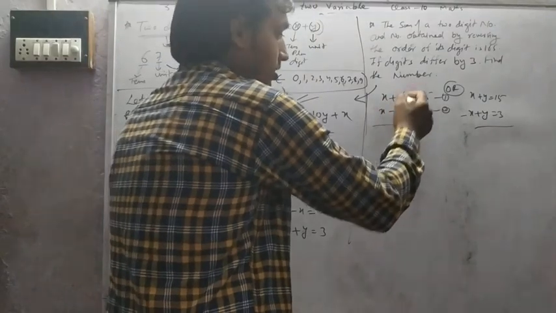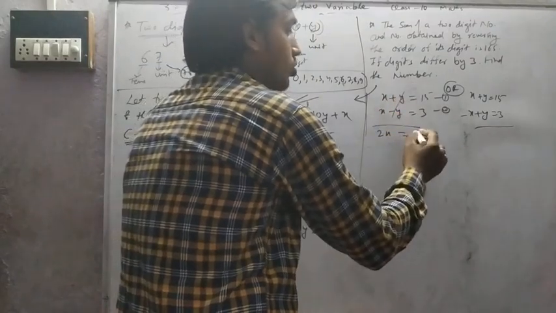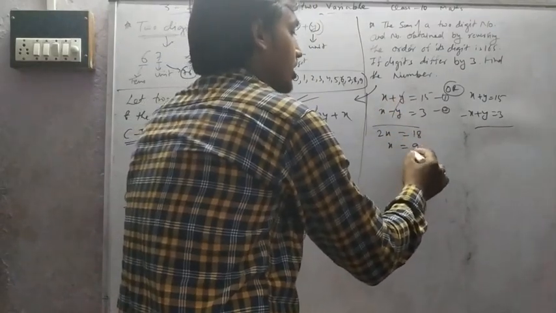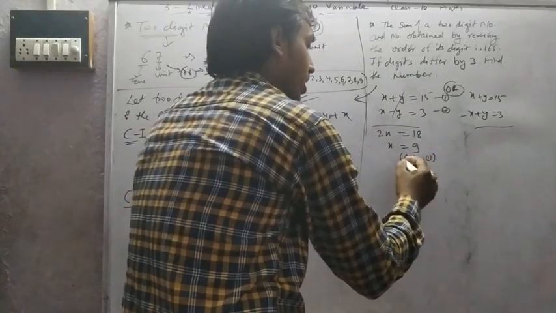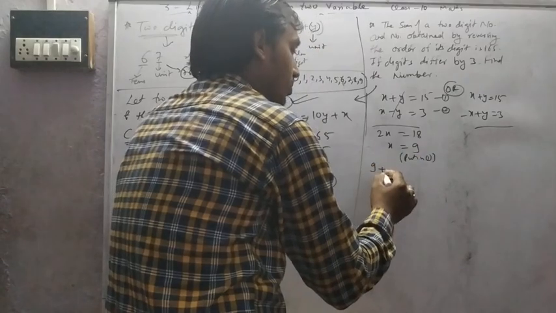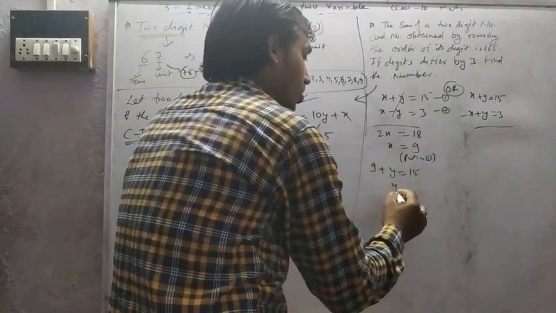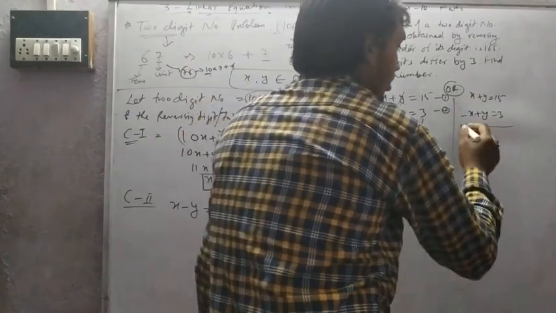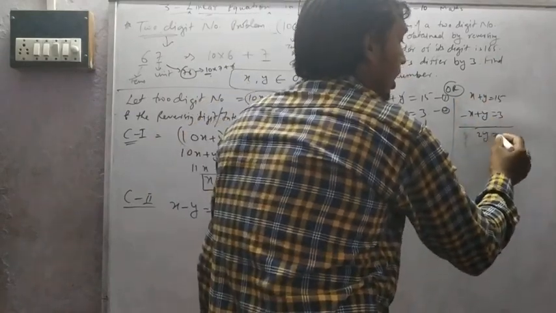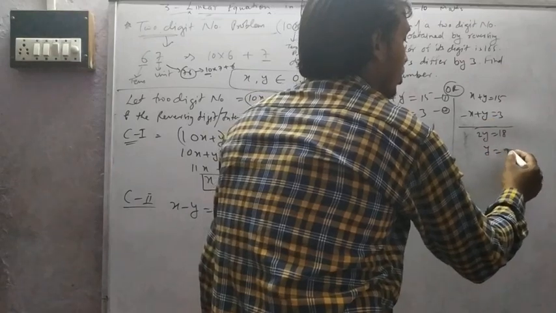So therefore 2x is equal to 18, x is equal to 9. Put in the first equation. So 9 plus y is equal to 15, y is equal to 6. For this, x cancels, 2y is equal to 18, y is equal to 9.